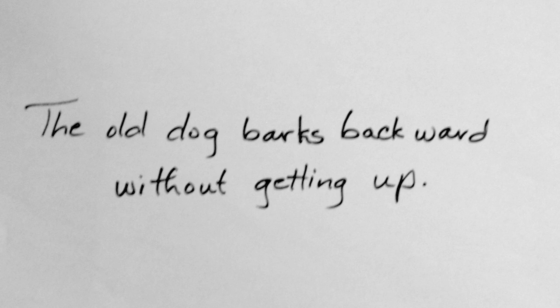The spondee is more S's than O's in the line, and therefore it can't be measured. It's sort of a slow, strong meter. And so if you look at it, the old dog barks backward. Backward is one of those rare English words that has 2 strong stresses on it.